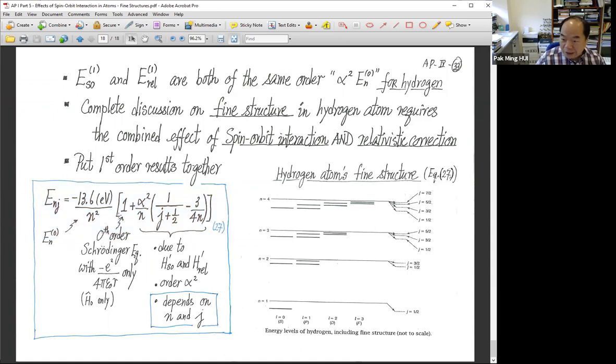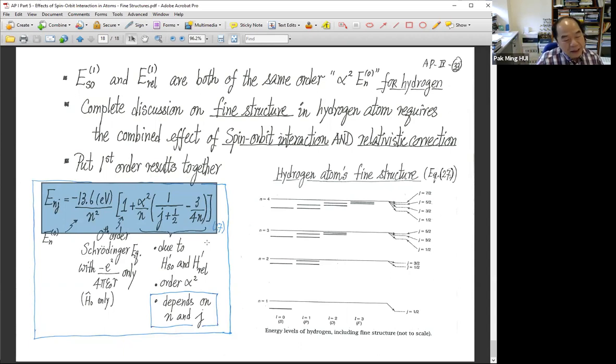But this is interesting. Just to point out that Dirac obtained this particular form using his Dirac equation for an electron moving in a Coulombic potential.